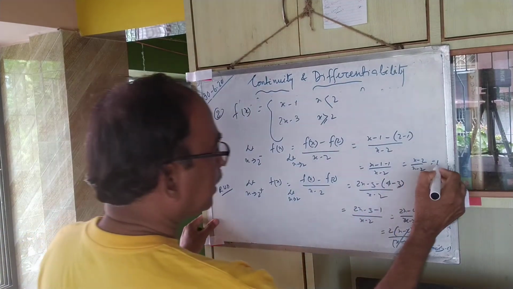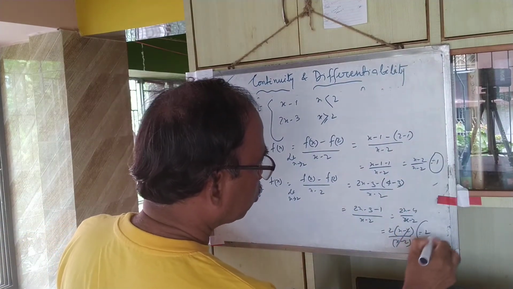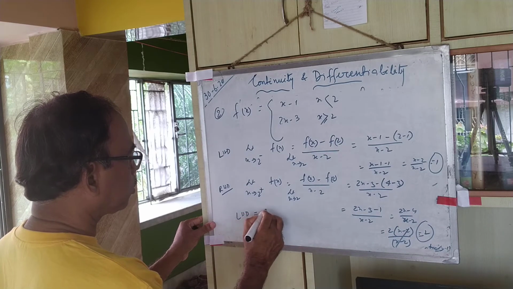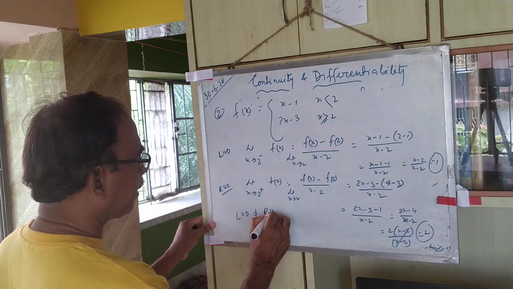In this case, this is 1, this is 2. Therefore, left hand derivative not equals to right hand derivative.